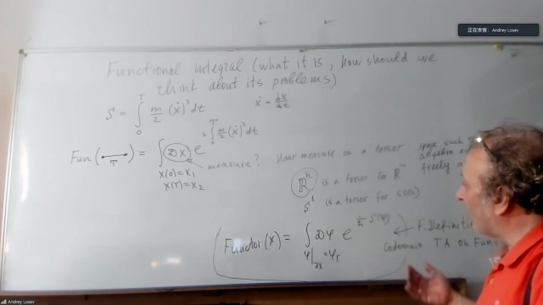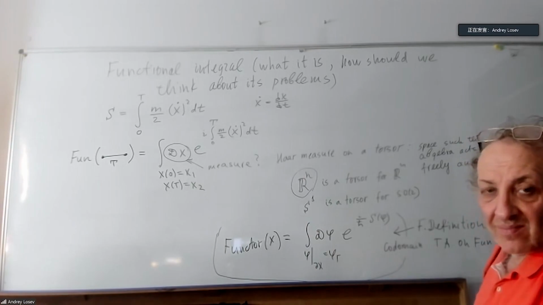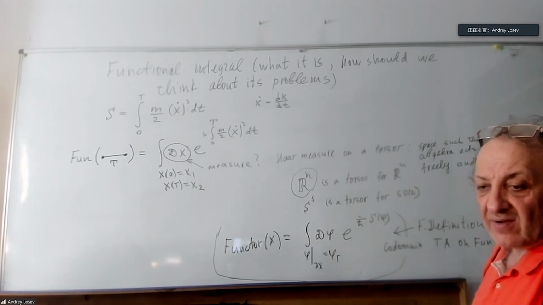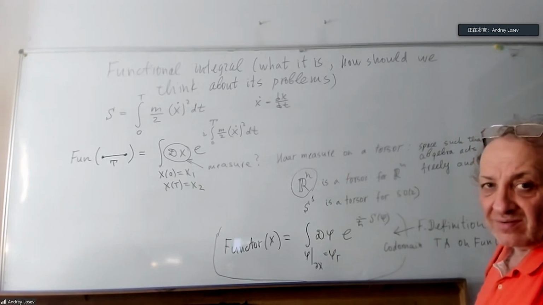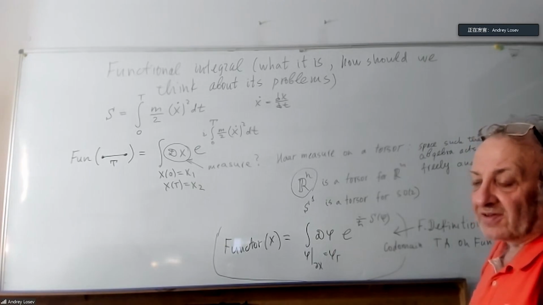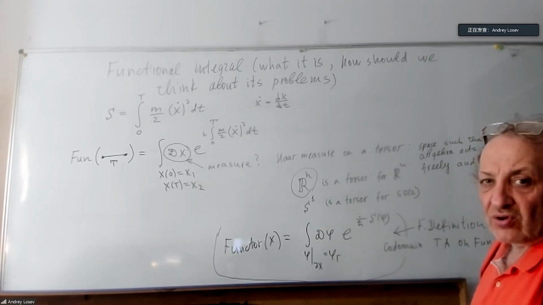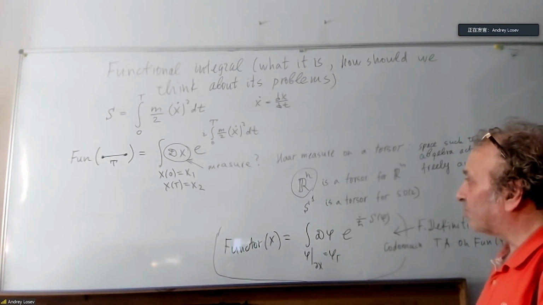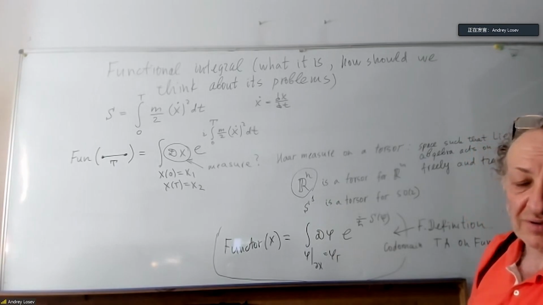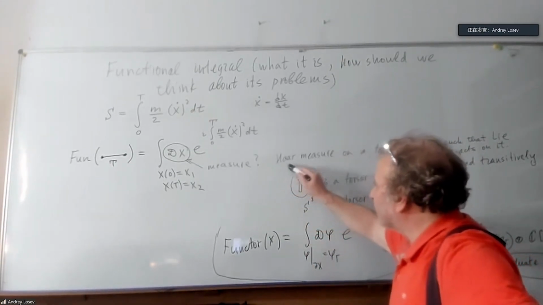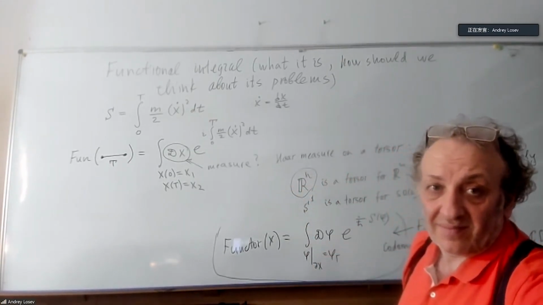If you have a group, you have a Haar measure on the group. That's why you have a Haar measure on the torsor. This measure is defined up to an overall constant, and of course we do not know this overall constant yet. To say that it is a Haar measure is not enough.